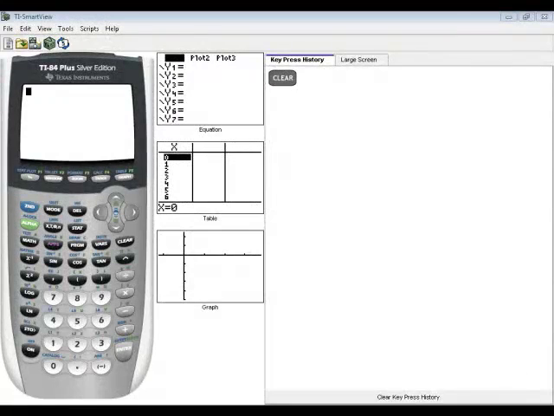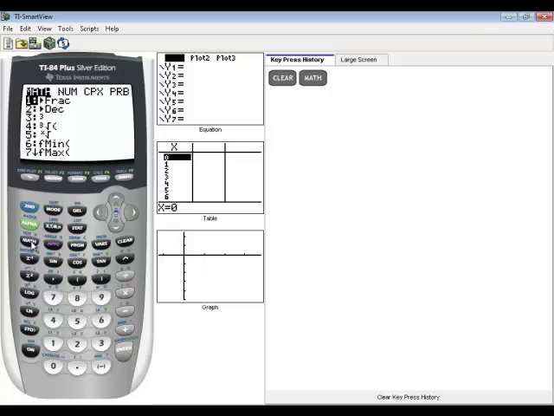To compute the integral using the graphing calculator, we will click the Math button, and under the Math button we will choose the 9th option, which is fnInt, and we're going to integrate the function x minus x squared.